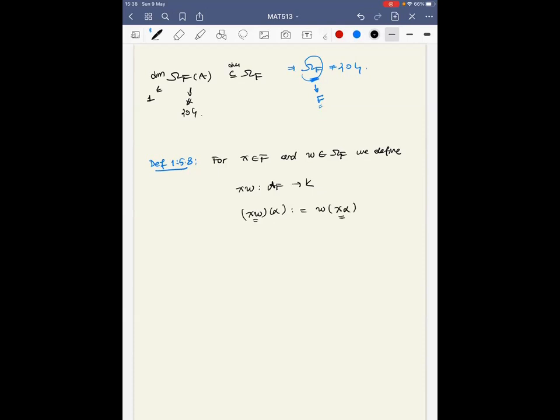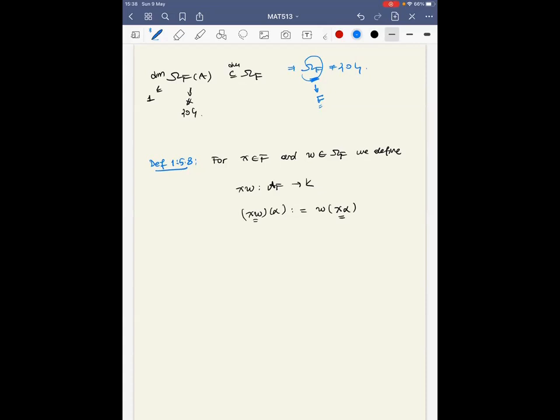So here we multiply the adele alpha by x componentwise, and we take its image under omega. This is a similar definition to how we define the scalar multiplication for the Weil differentials.